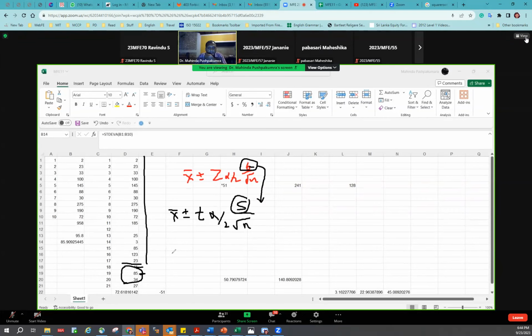It is 85. Now how do we construct the confidence interval? We don't know the population standard deviation, so we calculate the sample standard deviation, which is 85. Then you insert here the mean, 95.8, plus or minus T alpha over 2 times the sample standard deviation, 85.